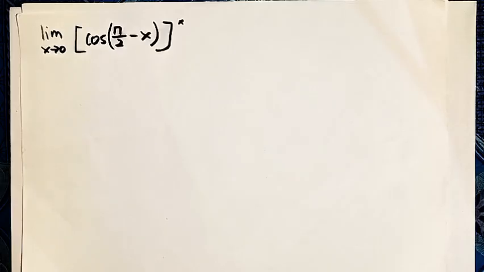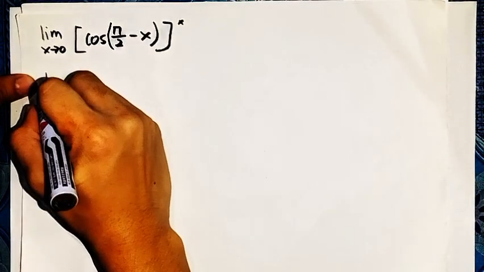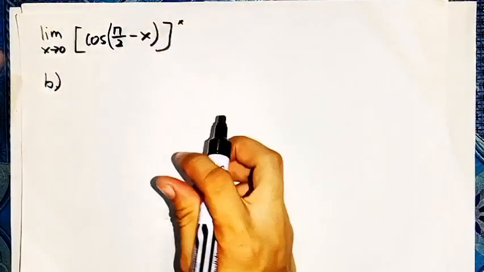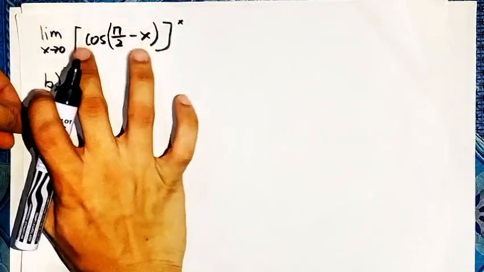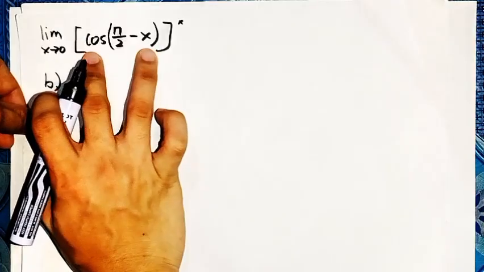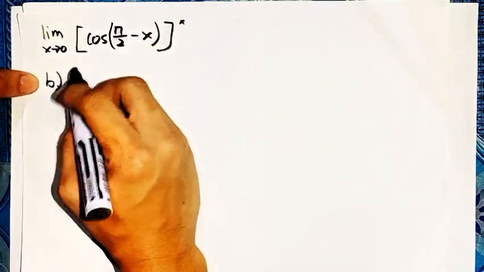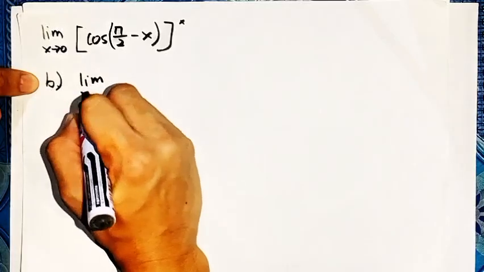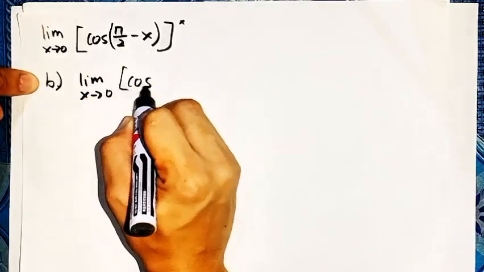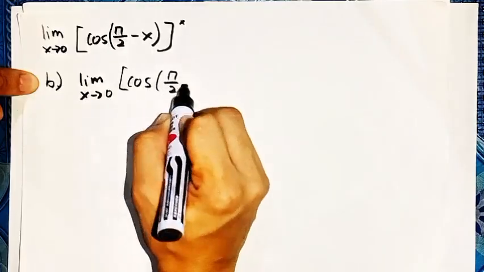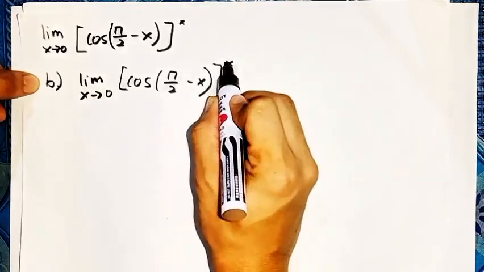Now let's evaluate the limit using L'Hopital's rule, which is letter B. But before we evaluate the limit, let's first rewrite the expression. The limit as x approaches 0 of cosine of (pi over 2 minus x) to the power of x.